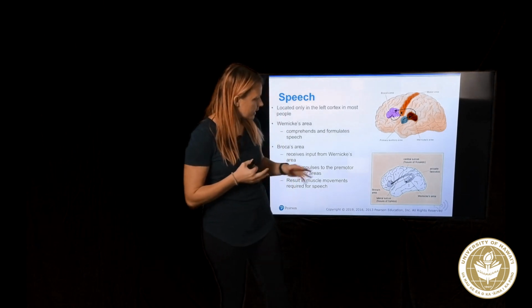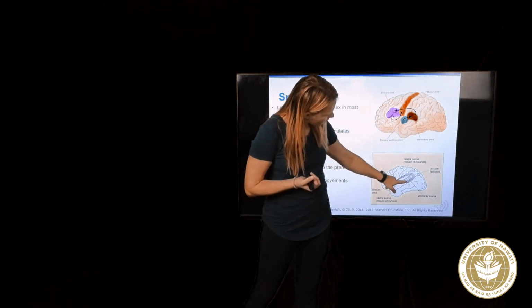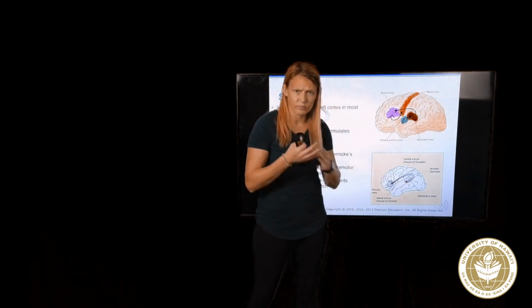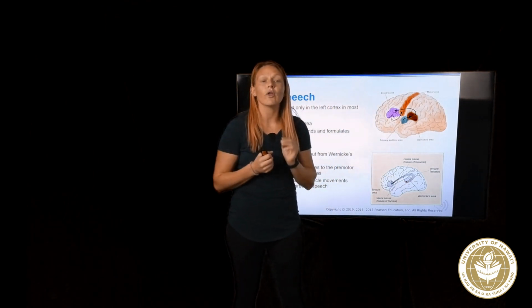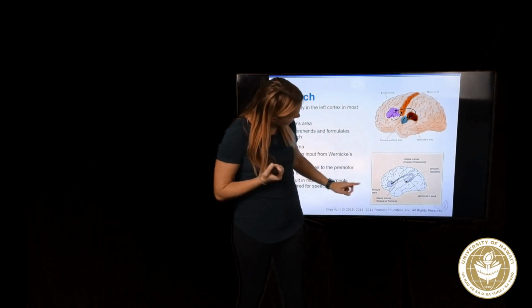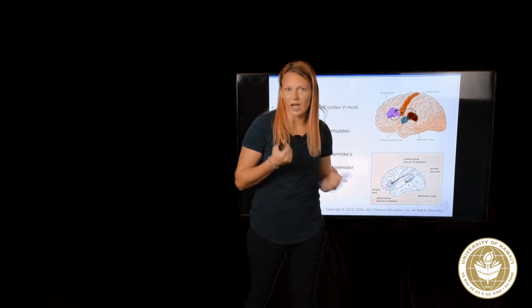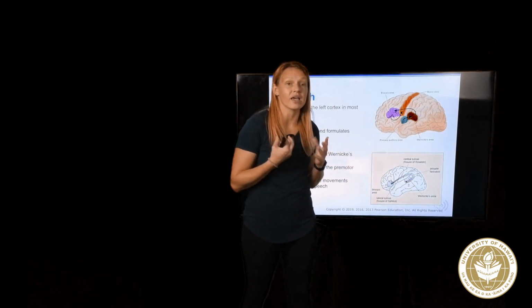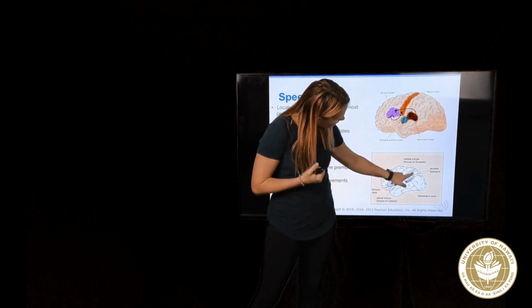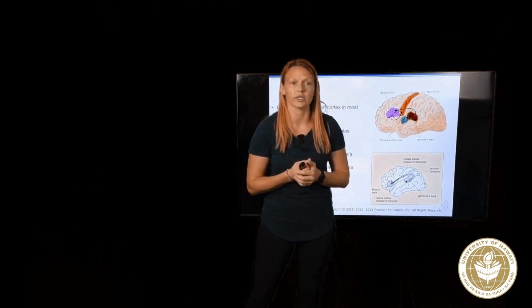And you can see in this bottom image, you have Broca's area right here, you have Wernicke's area over here. They're a good distance apart, right? Well, they're actually connected by the arcuate fasciculus right here, which, we've talked about these before, is essentially a bundle of nerve fibers that connects the two together so that they're able to work together.